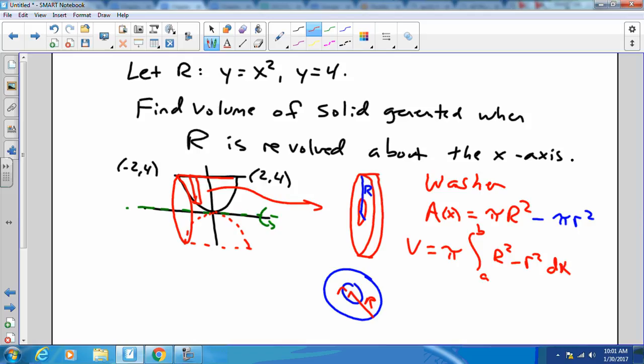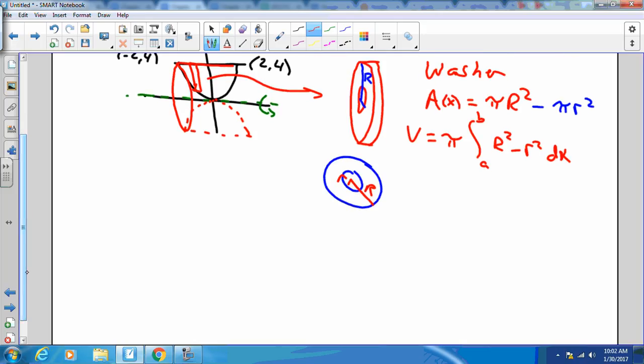So that my volume is now pi times the integral of big R squared minus little r squared. Please do not try to make that radius minus radius squared. It's not the same. And it gives you a completely different volume of a completely different solid. Yep. So now, all we have to do is identify what are the big radius and the little radius.